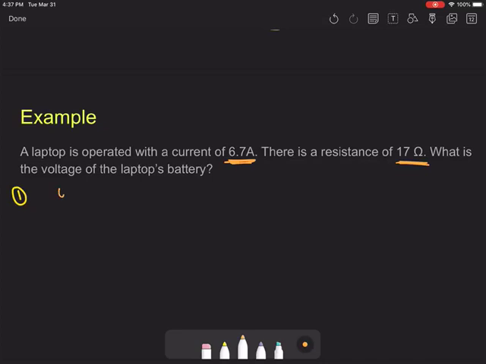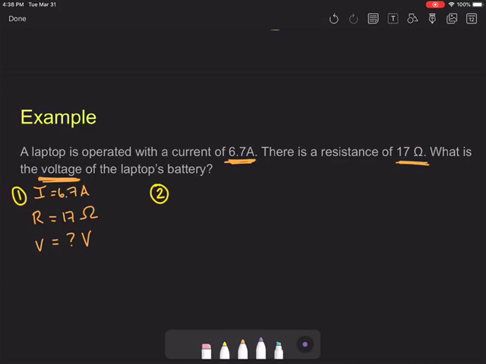So 6.7 amperes, we know that current is measured in amperes, so that is an I. We have our 17 ohms, and we know resistance is measured in ohms, so that is an R. And we are looking for the voltage, or the potential difference of the laptop's battery. So we are looking for our capital V, which we don't know what it is, but we know that it has the units of volts. So we'll have some amount of volts as our final answer.